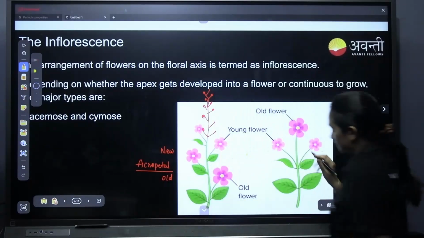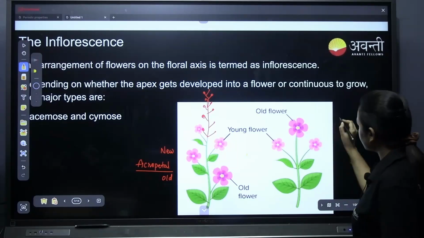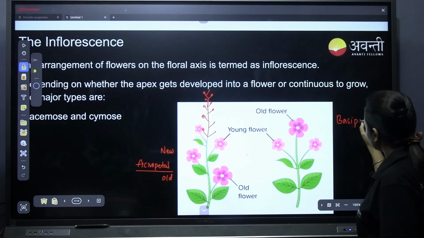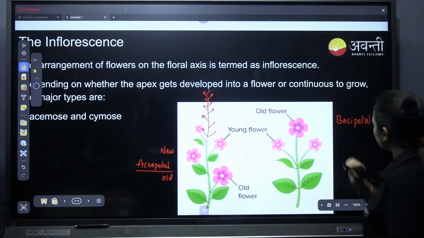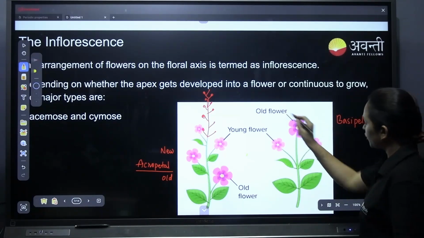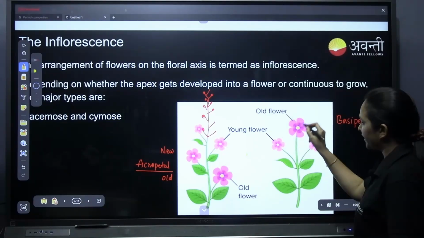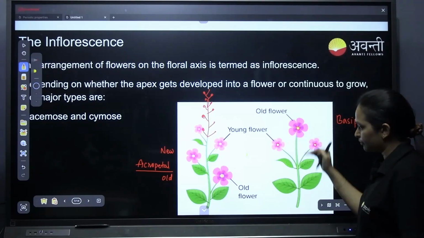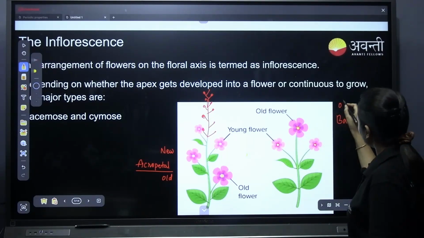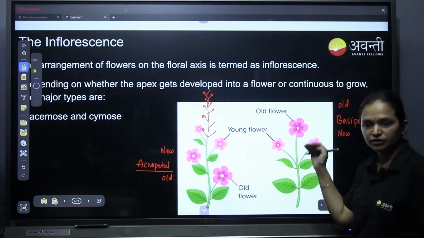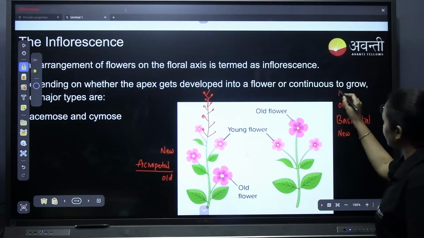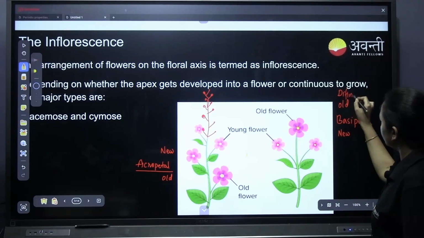Coming to the cymose, cymose is basipetal. What do you mean by basipetal? The old flower is at the end, that is terminal, and the new flower arises below the old flower. So this is the definite type.